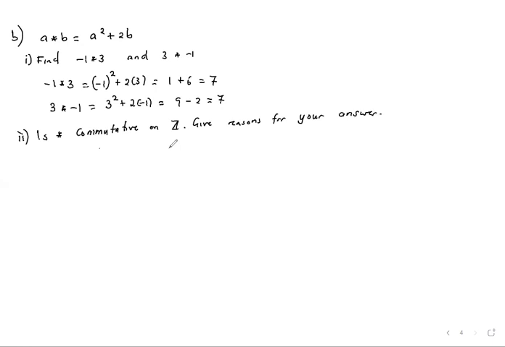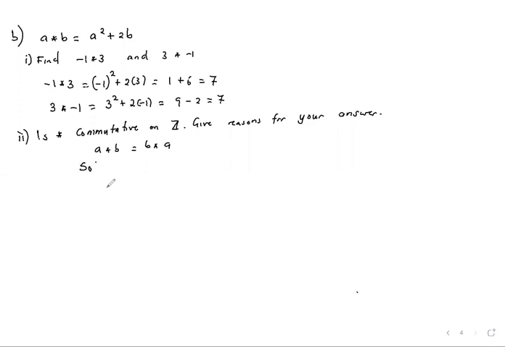To be commutative, we want A star B to be equal to B star A. Is it commutative? Yes, sir. What's the reason? Because they are equal. What are equal? Because they are giving the same number, like 7, 7. That's wrong.